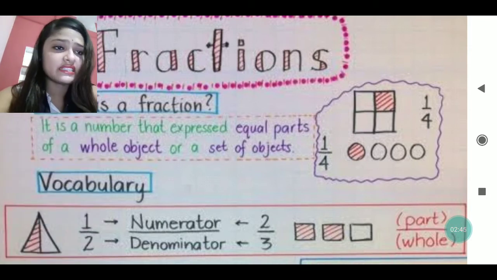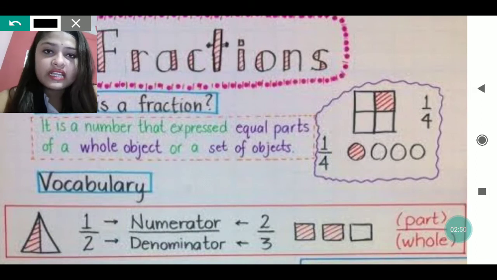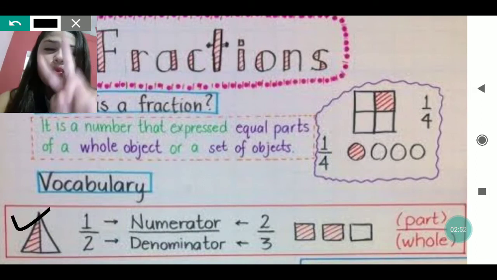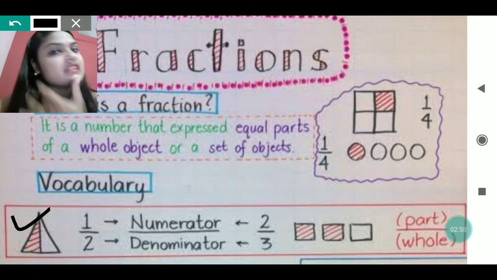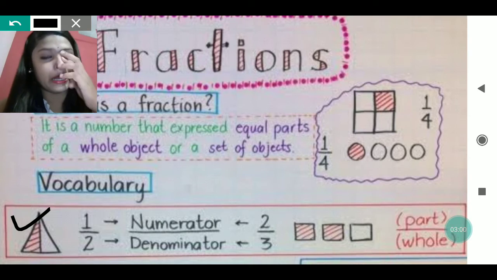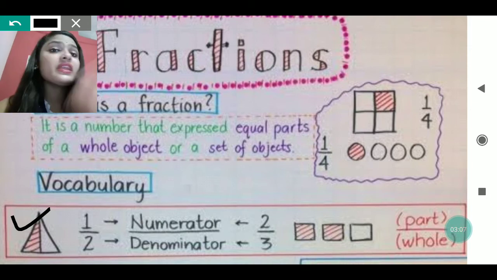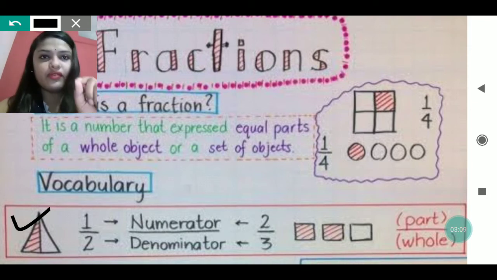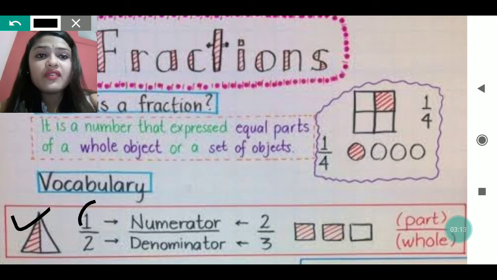In this example, there is one particular single thing, a triangle, and we have made two parts of that triangle. So how many parts are there? Two parts. So how many total are there? Two in total. And how many are shaded parts? Only one. So the part we will write upside, and the total we will write downside.